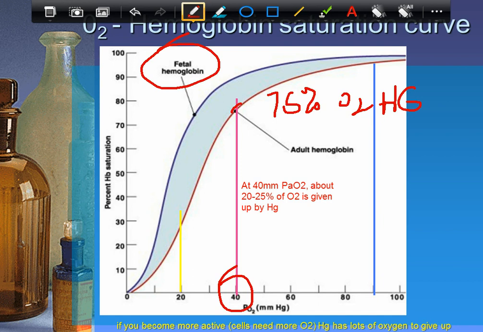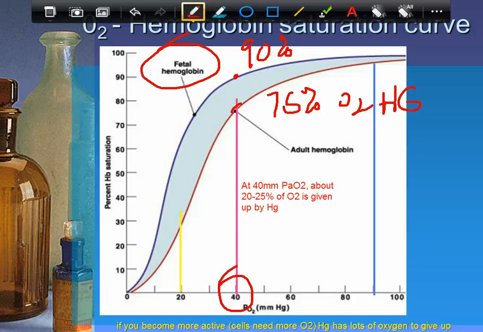But let's say you're moving around, but you're a fetus, and your PO2 is 40. Well, your oxyhemoglobin is at 90%.